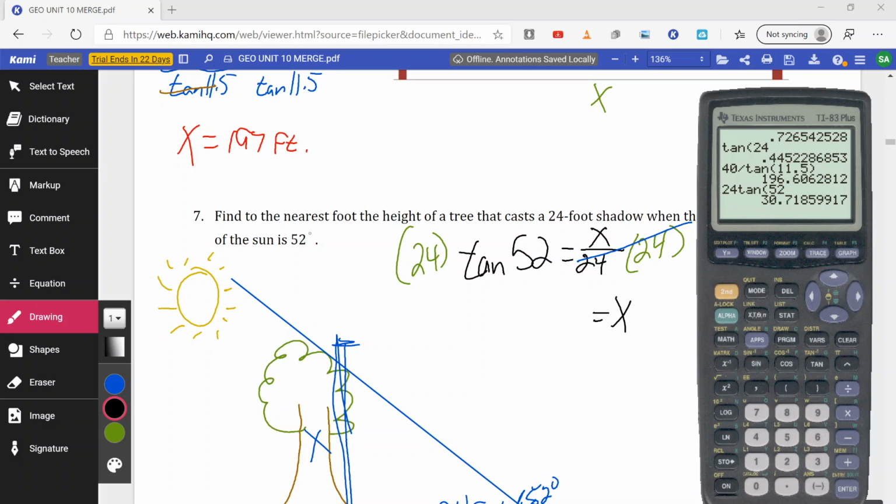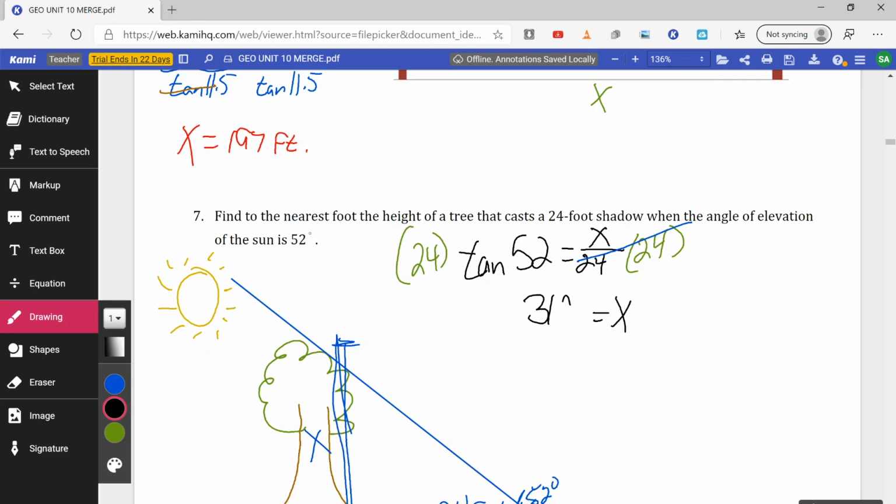Again, round to the nearest foot, so 30.7 rounds to 31. So the height of the tree ends up being 31 feet. And again, this is applying pictures, applying tangent, using unknowns, and solving for x within word problems dealing with tangent.